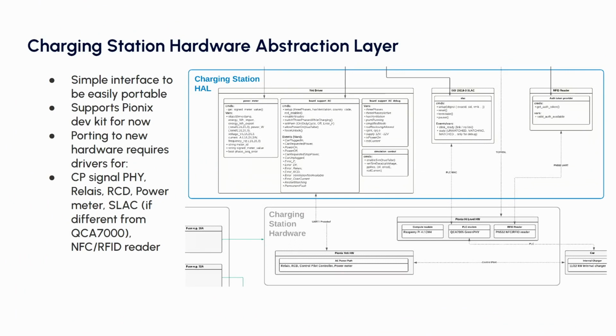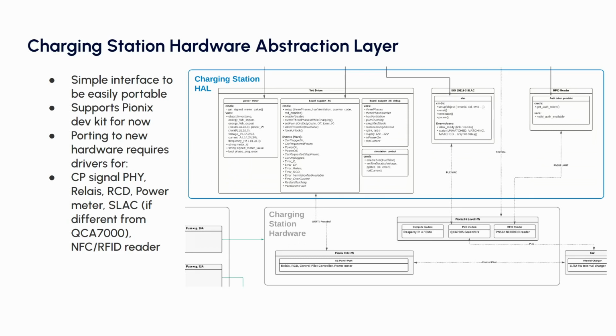Underneath these charging core modules, there's a couple of modules which represent the hardware abstraction layer. We tried to make it super easy to port it to new hardware. There's just a few things needed. There's one module needed for the control pilot signal, basically all the PWM generation. You just need to write a small driver that outputs the PWM at the correct duty cycle and so on.